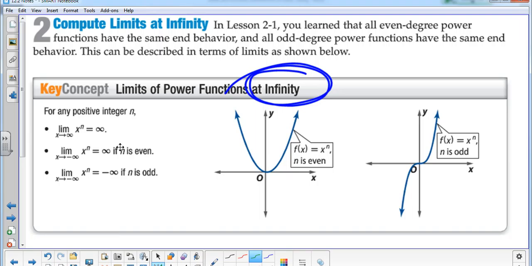We talked about if you have a polynomial of even degree with a positive leading coefficient, both ends are up. Odd degree, positive coefficient, left end down, right end up; negative coefficient flips it around. All of those things are the limits at infinity. We just didn't use that vocabulary before. It's what's happening at the far left and far right.